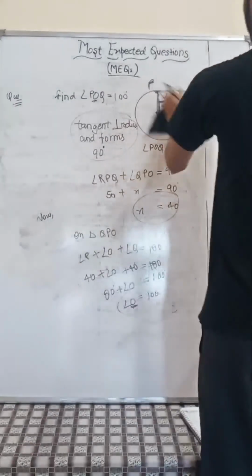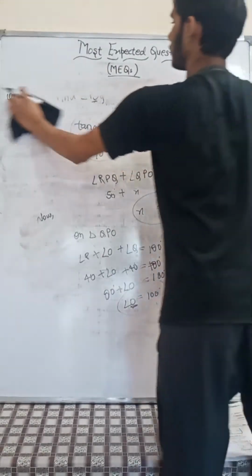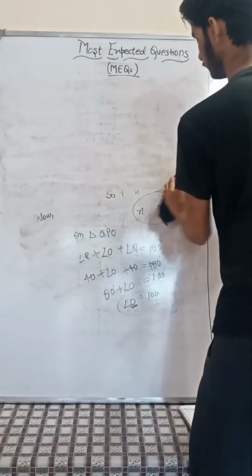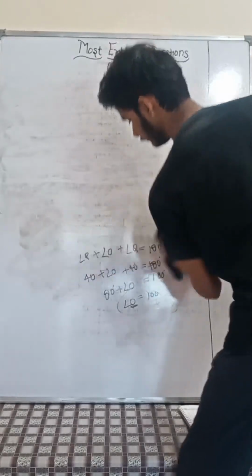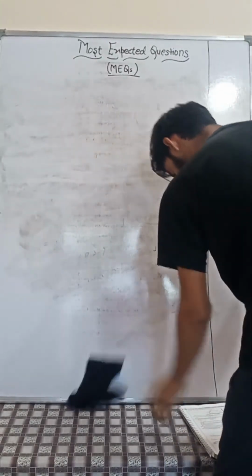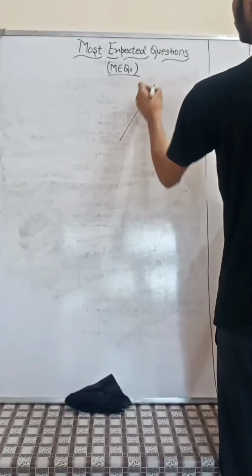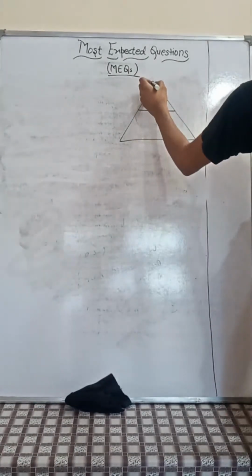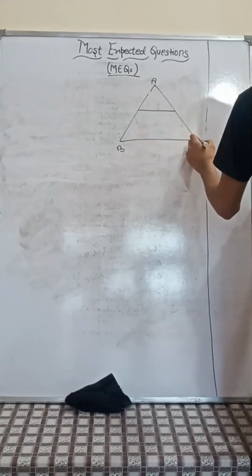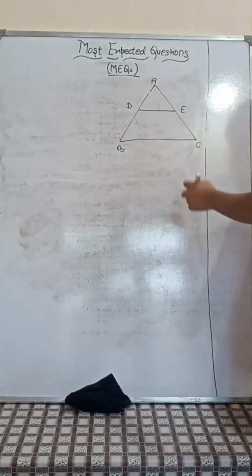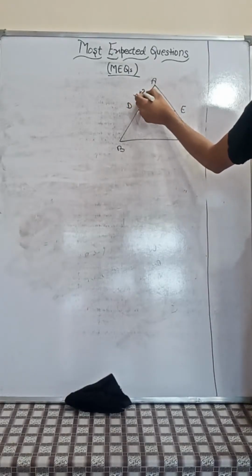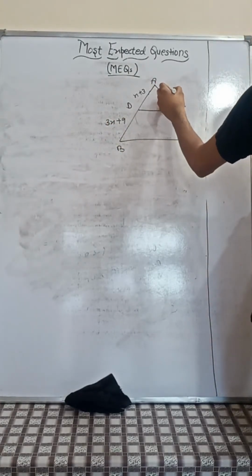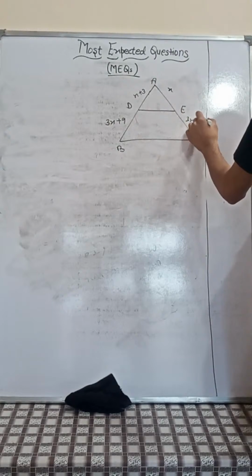The last question of this session is: this is A, this is B, this is C, this is D, this is E. This is x plus 3, this is 3x plus 9, this is x, this is 3x plus 4.